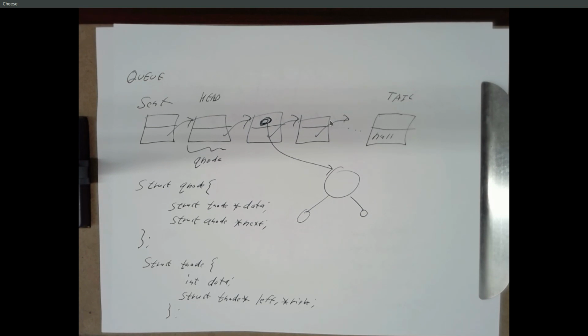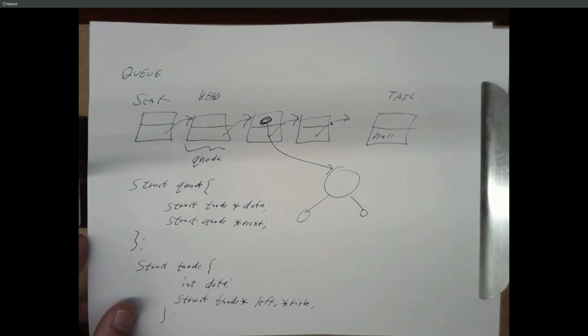But if you can abstract up a level or two and just think of this as a queue of tree nodes, then it becomes a little more straightforward, perhaps. And this is pretty typical of things you'll see again and again. We'll do this a fair amount in 223, where we'll have structures containing other structures.